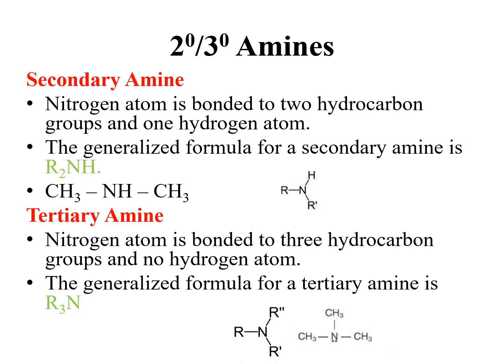In this slide, we shall talk about the rest of the 2 classes of amines, that is secondary and tertiary amines. A secondary amine is an amine in which the nitrogen atom is bonded to two hydrocarbon groups and one hydrogen atom. The generalized formula for a secondary amine is R2NH.